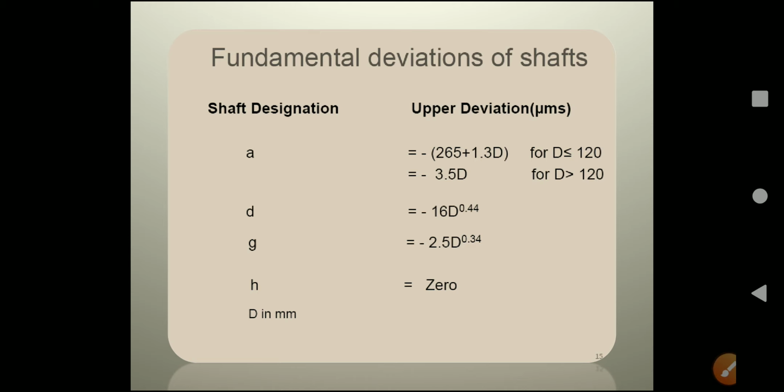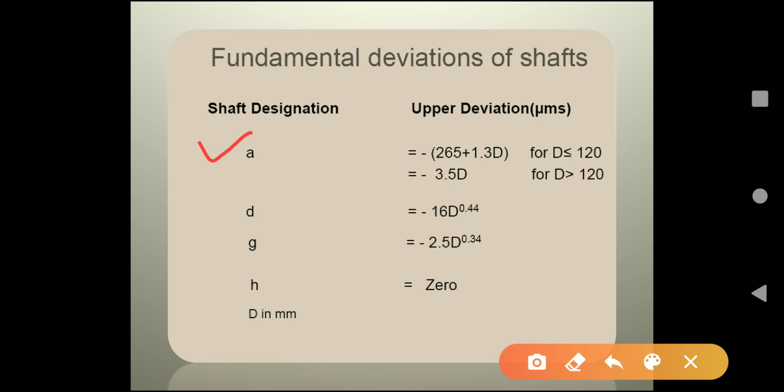Here the fundamental deviation of a shaft, that we discussed in the earlier lecture: fundamental deviation, upper deviation, lower deviation of a shaft. So the shaft type designation is given here in number 1.